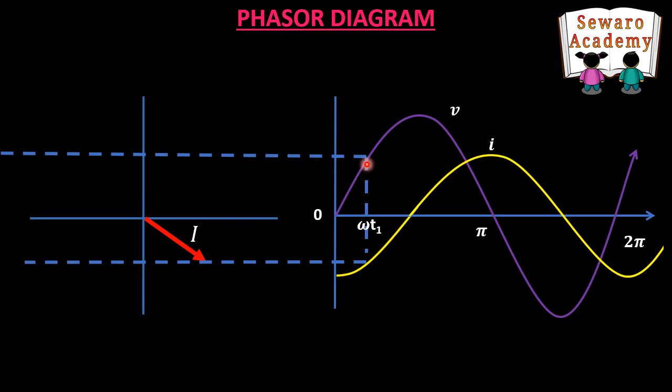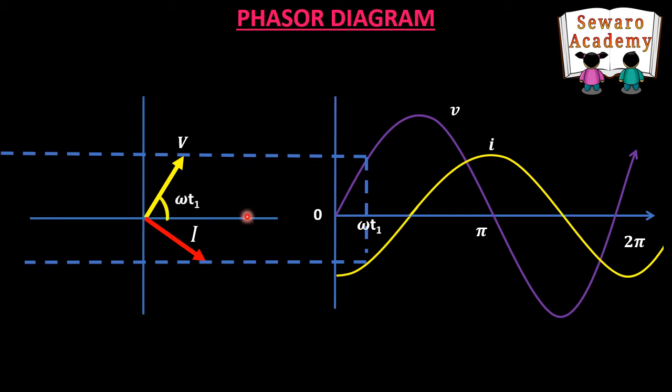we already know that the phase difference between the voltage and the current is pi by 2, which is 90 degrees. So we need to draw the phasor V at an angle of 90 degrees with respect to the current phasor. So this represents the phasor V, and the angle between the phasor V and this line is given by omega t1.